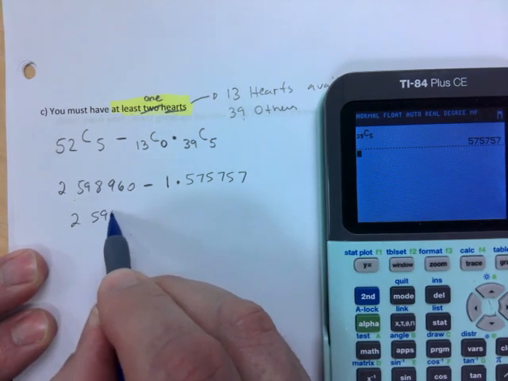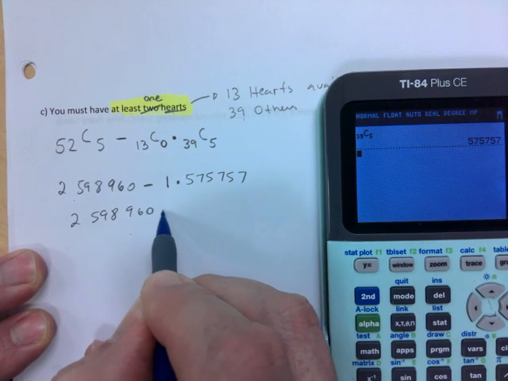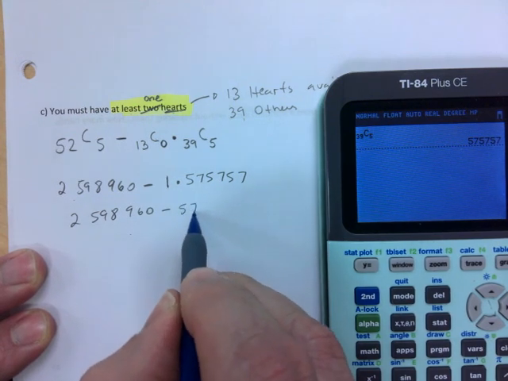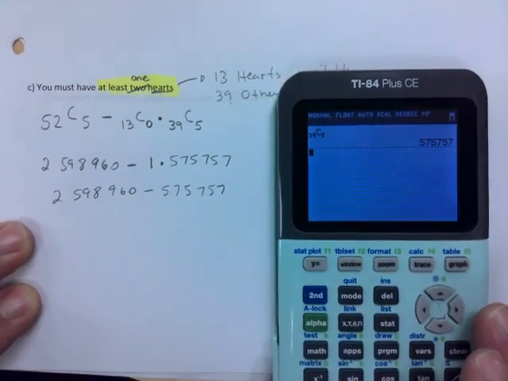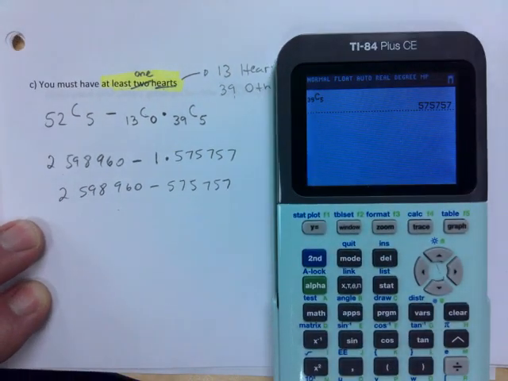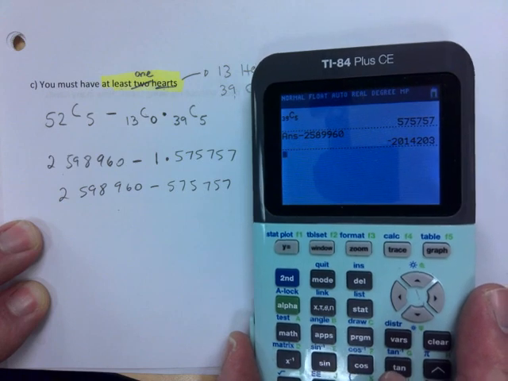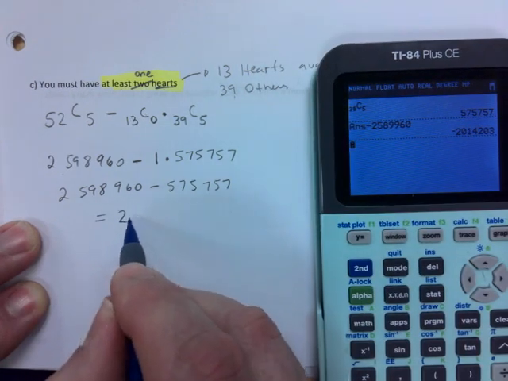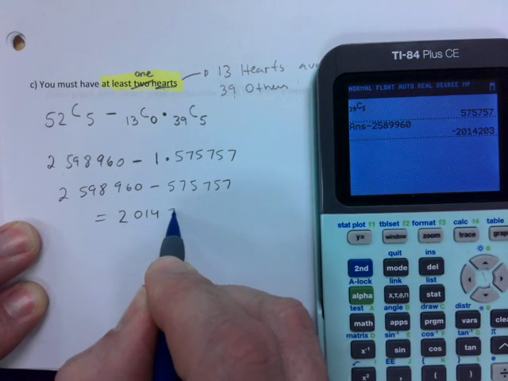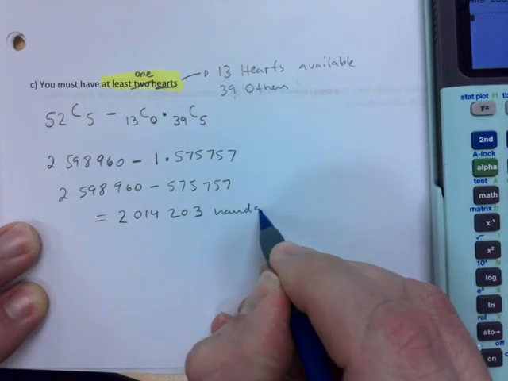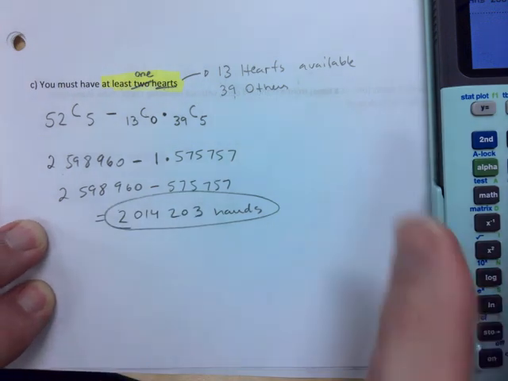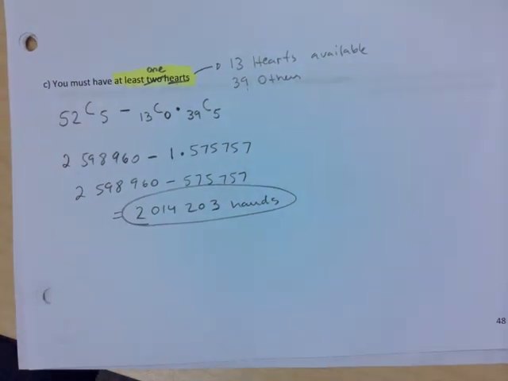I'm going to write it out one more time. So I'm just going to go ahead and subtract it. That gives 2,023,203 hands. All of these would have at least one heart in them.